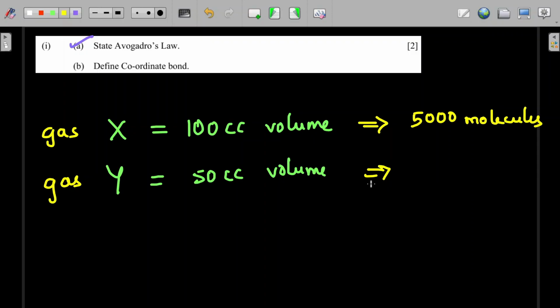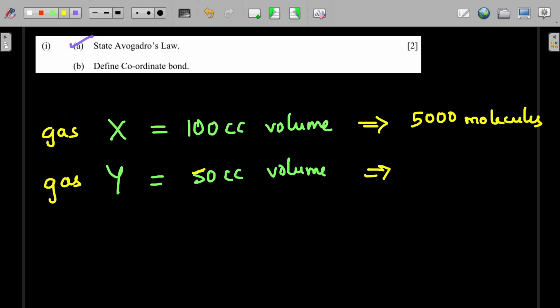So Tanisha, can you tell me what will be the number of molecules in gas Y? Tanisha, I'm not able to hear you. Let's try with Dhruva.